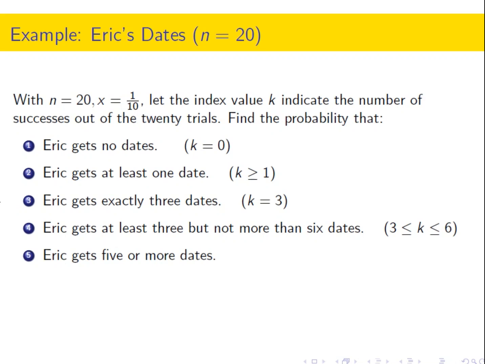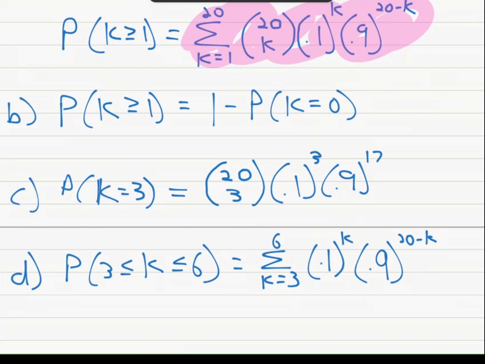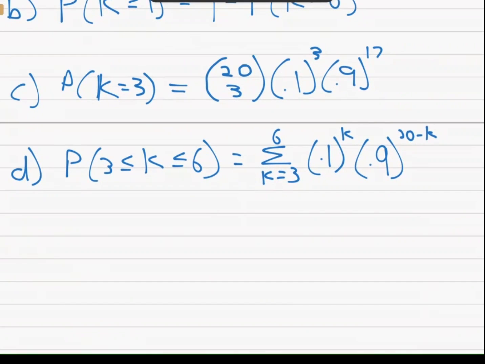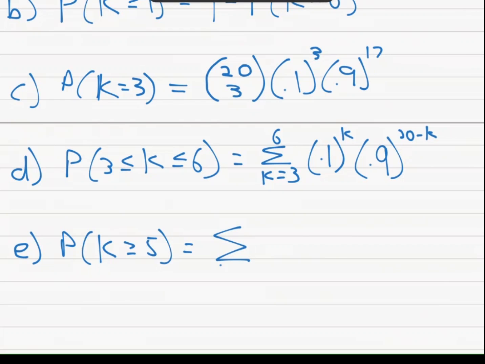And then the probability that Eric gets 5 or more dates. Well, hopefully this is becoming clear. This is why I wanted to go through one example where we sort of in rapid fire just write these down. What's the probability that K is greater than or equal to 5? Well, that probability is the summation from K equals 5 to 20.